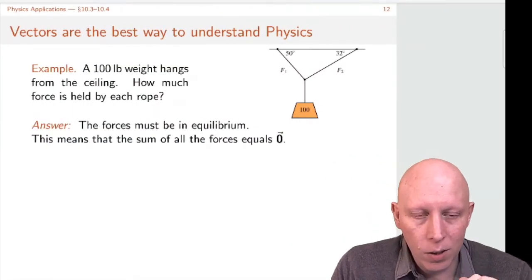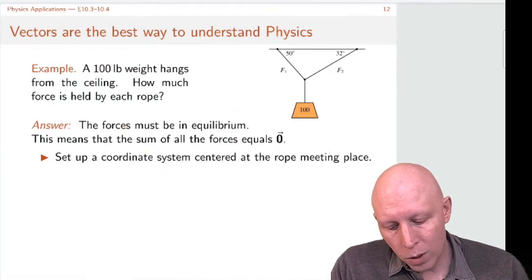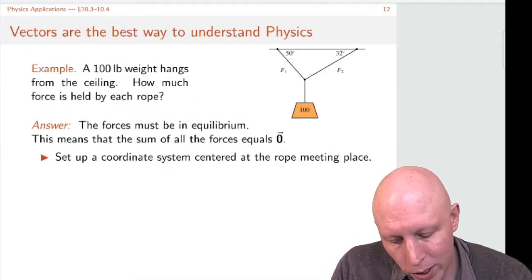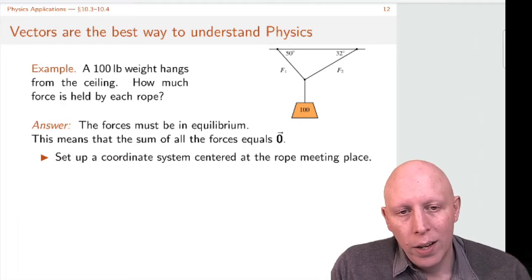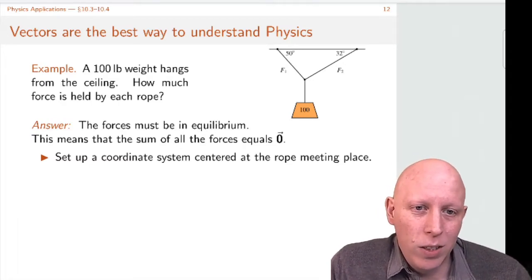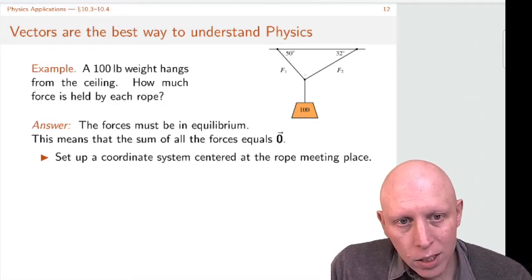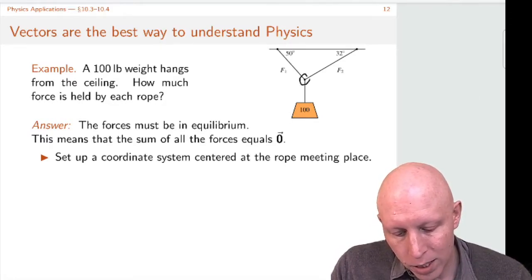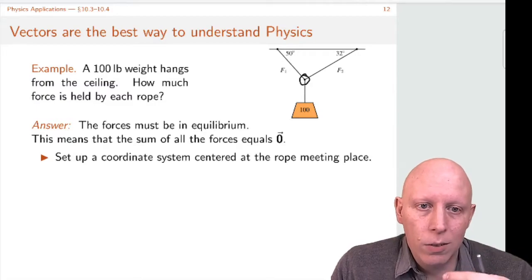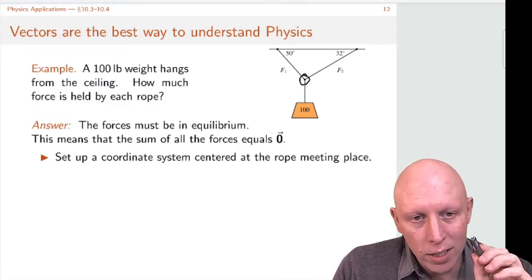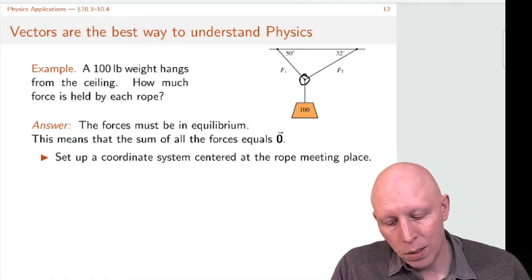The way we can do that is we can set up a coordinate system. You can set up your coordinate system in many different ways. In this situation, it's easiest if we set our origin right at that point where all the ropes meet.